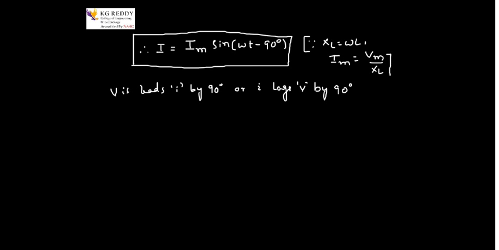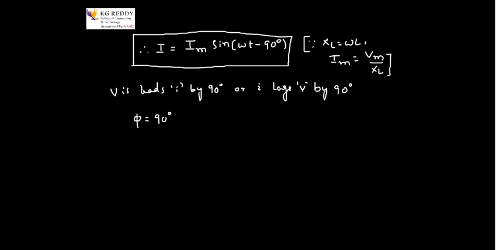Now come to this point. Here V leads the current by 90 degrees, or else I lags the voltage by 90 degrees. So the phase difference between voltage and current in a pure inductive circuit is 90 degrees, so phi is 90 degrees for a pure inductor.